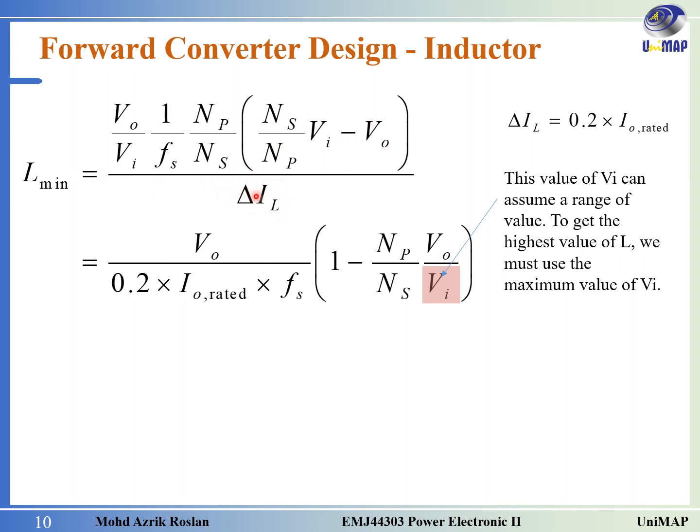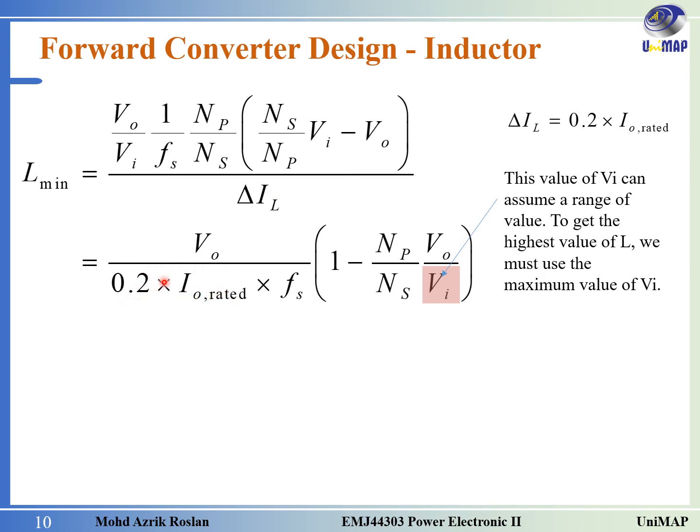Remember the original equation is delta IL equals this side divided by L. So we want to find L, so L is moved to this side, and delta IL is moved to the other side.